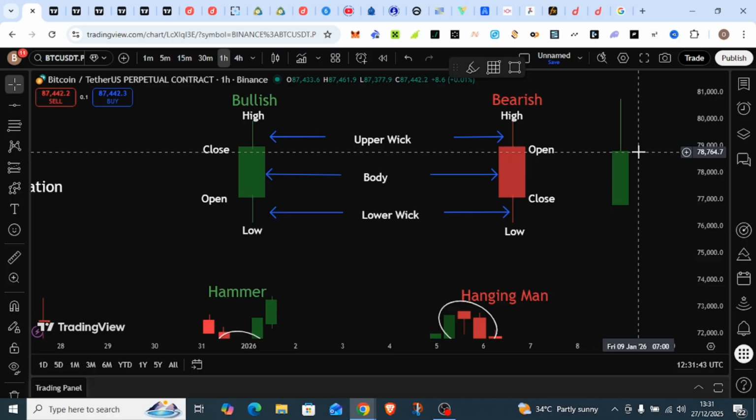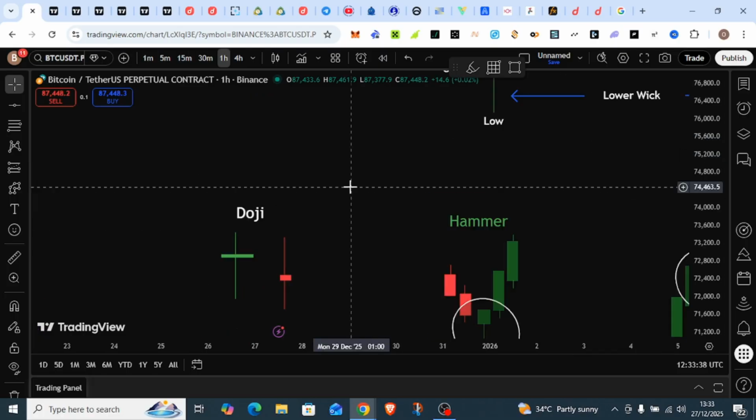Let's quickly move to common basic patterns. We have Doji. Doji open and close are virtually equal. That's very small body.